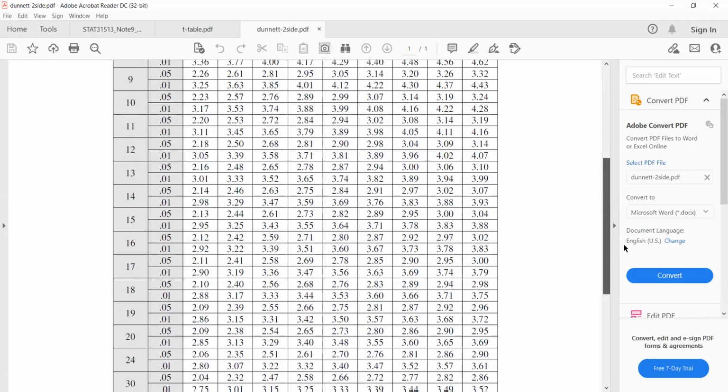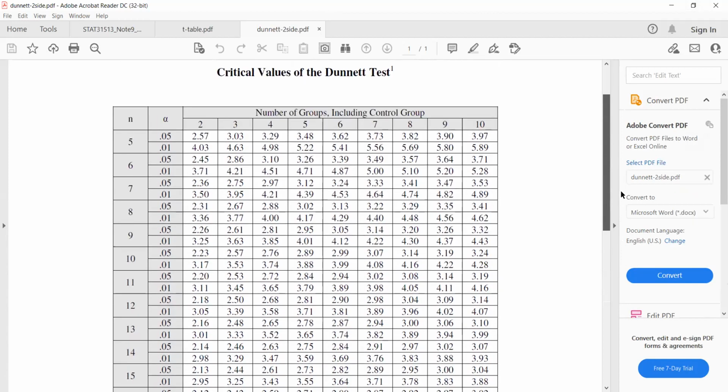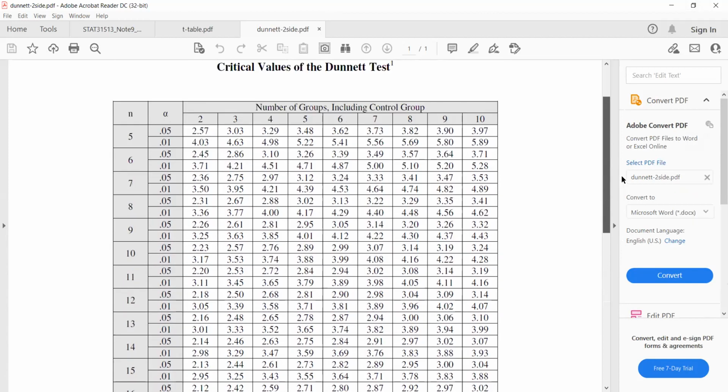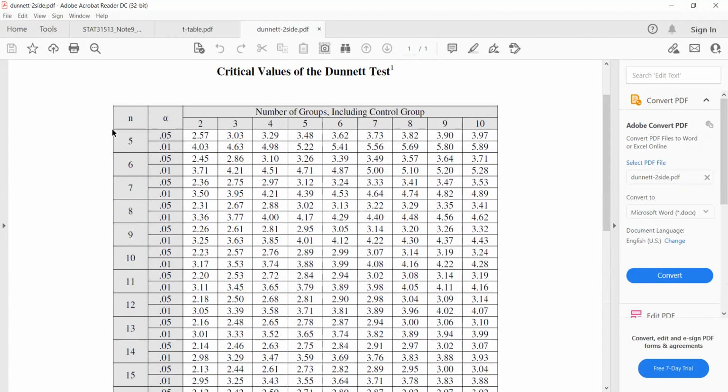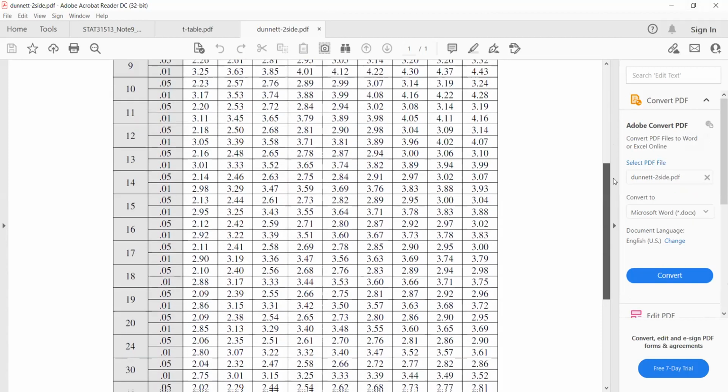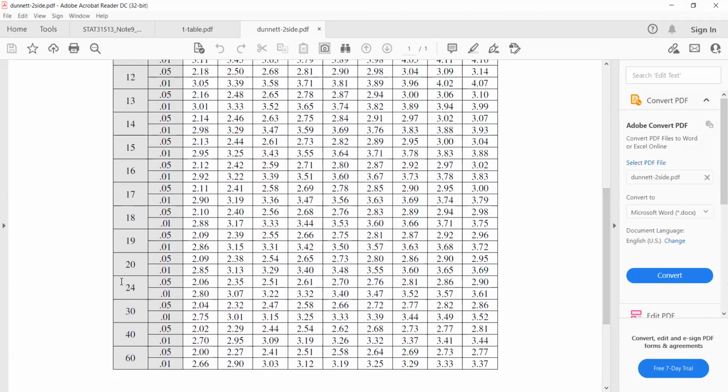So based on our example, you have to read n minus k as the n value. We have capital N is 30 and k is 6, six number of treatments. So 30 minus 6 is 24. So we have to read 24 from this column.